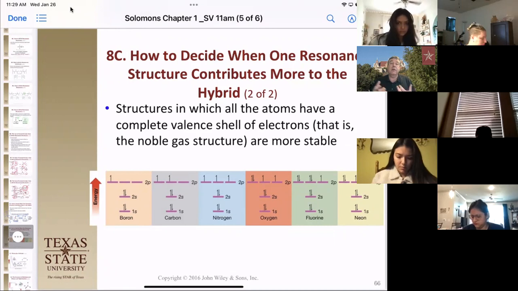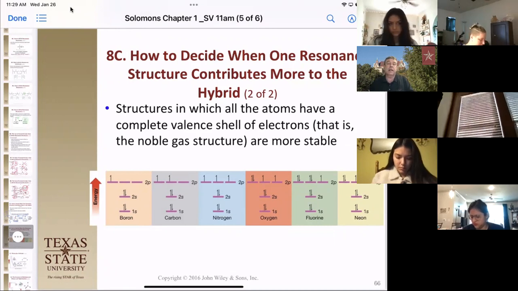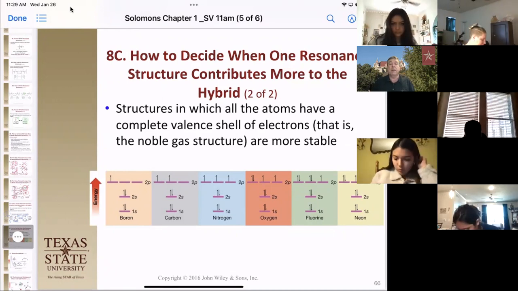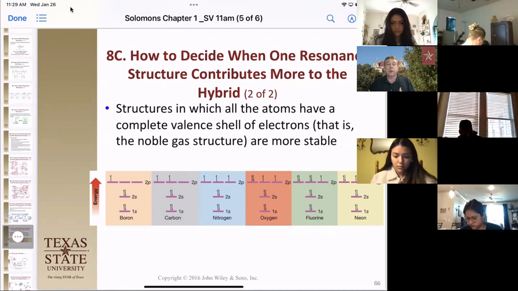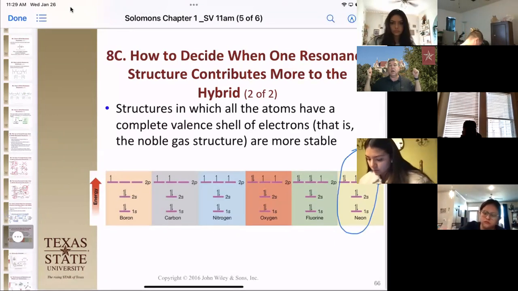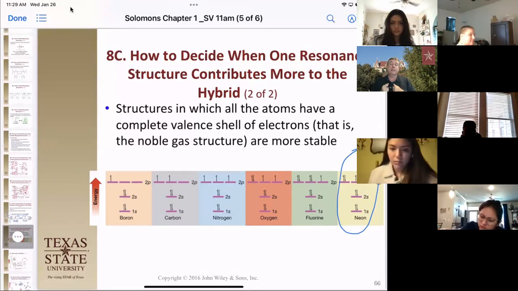If every atom in our structure has an octet, it's going to be more stable than those that don't. So imagine we're trying to fill our octet again, to look like that noble gas structure with a filled orbital, like neon here, and that gives us our structure. All right, questions on resonance and resonance hybrids?